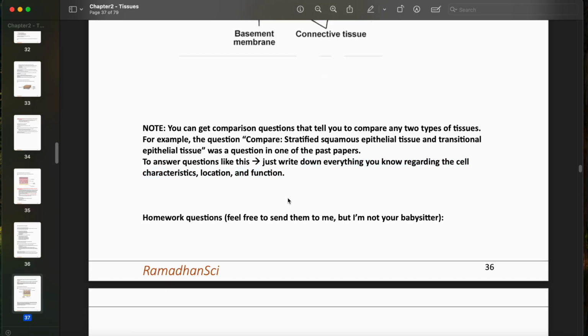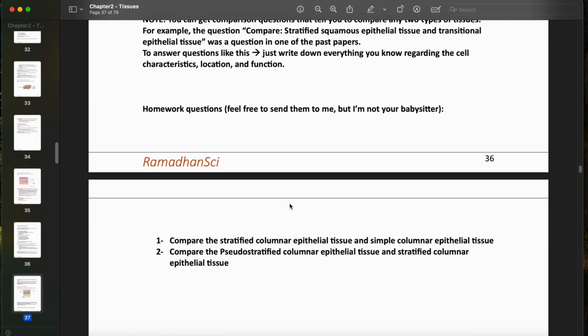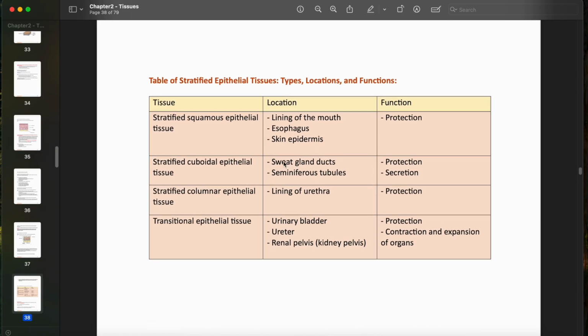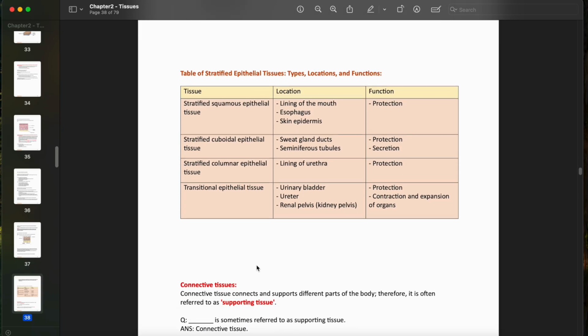It's really easy to answer these questions as long as you actually know what's up. And here we have the table comparing the stratified epithelial tissue in terms of location, function. We've discussed them already. There's nothing new here.